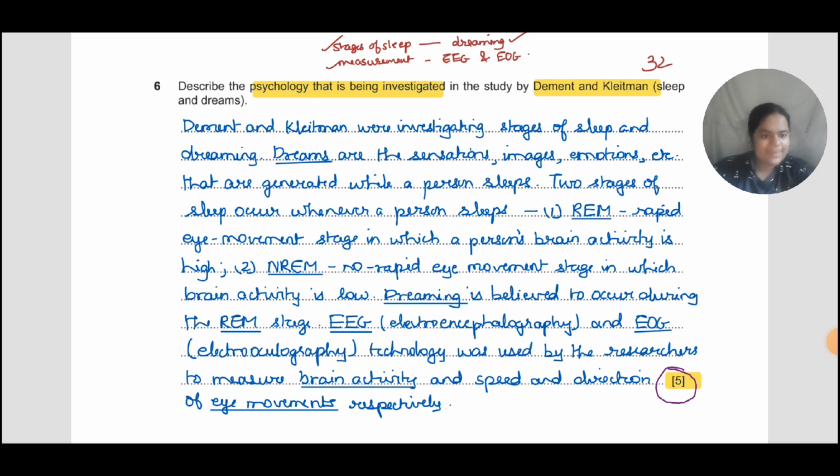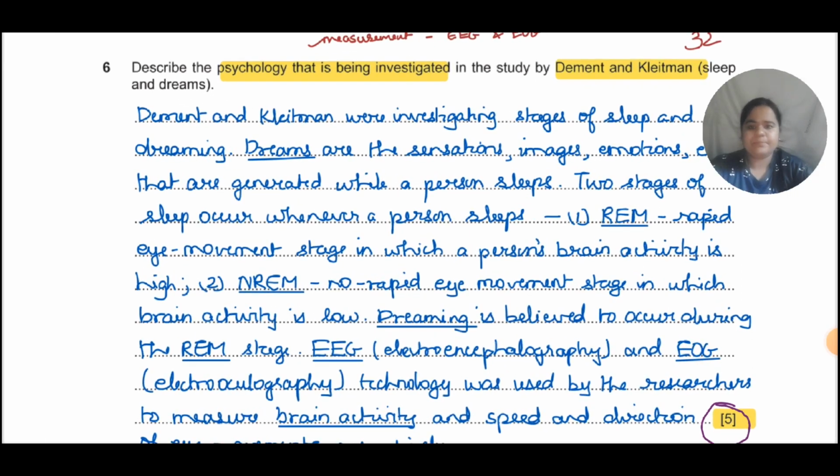There have been such bad experiences that school teachers have told students that if these type of questions come, like if they ask you about NREM or REM stage in details, you can't do anything about it. It's unfortunate, you cannot even attempt those questions, you have to only lose marks. Let me tell you, there's nothing of that sort. You don't have to lose marks. If you prepare well, you can definitely score on those questions.